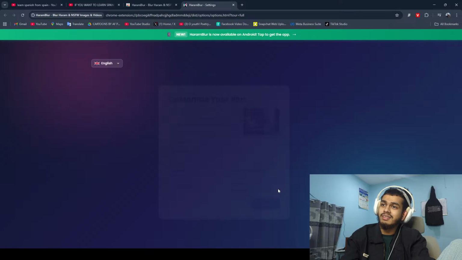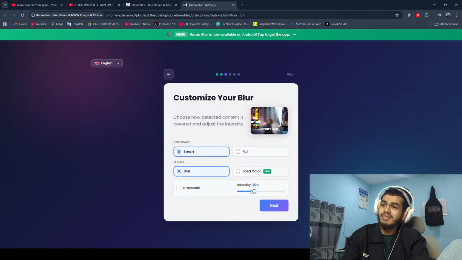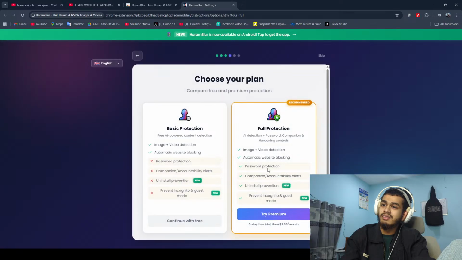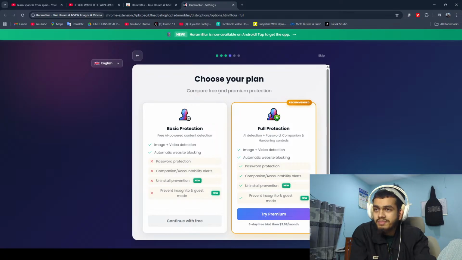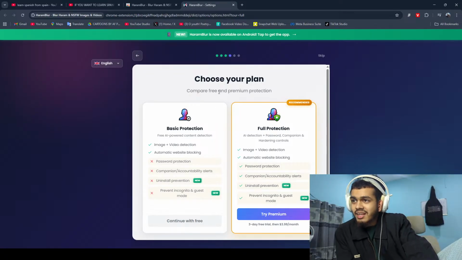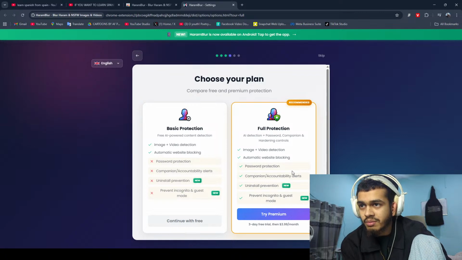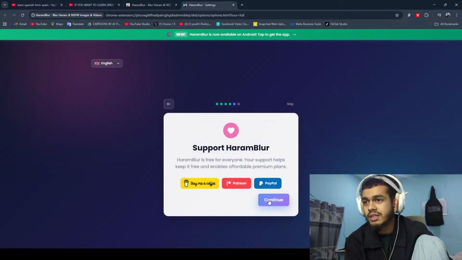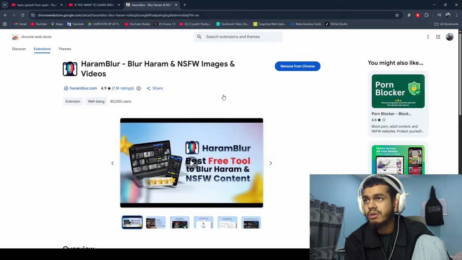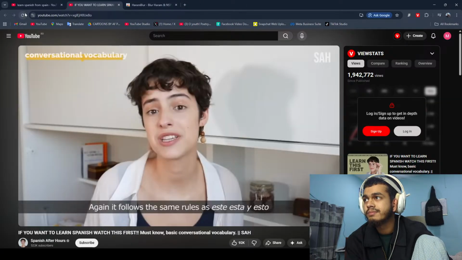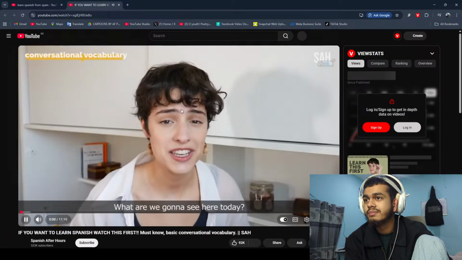Yes. I didn't know that. Premium. Okay. Premium will be automatic website blocking, password protection. Okay, continue free. Continue, start browsing. Refresh.